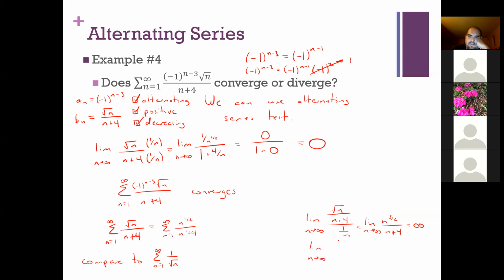So if I take this limit instead, that's going to be equal to the limit of n over n plus 4, which goes to 1. So that tells me that both these series do the same thing.